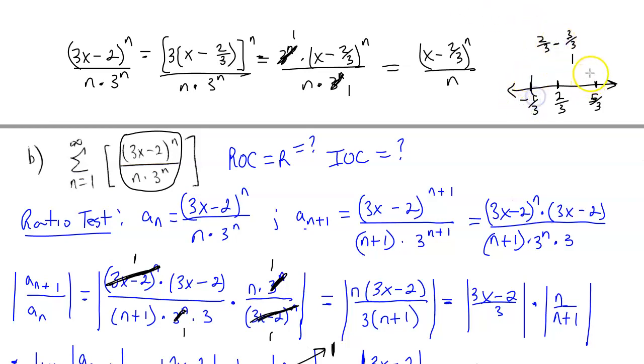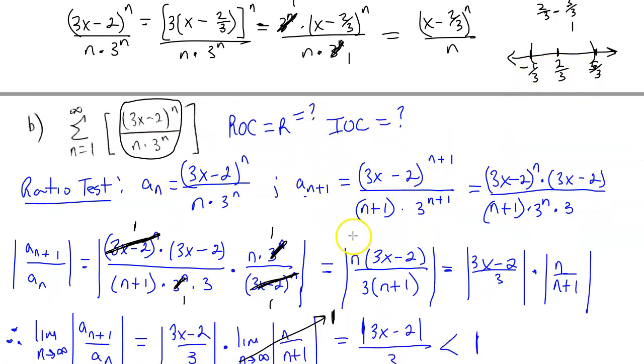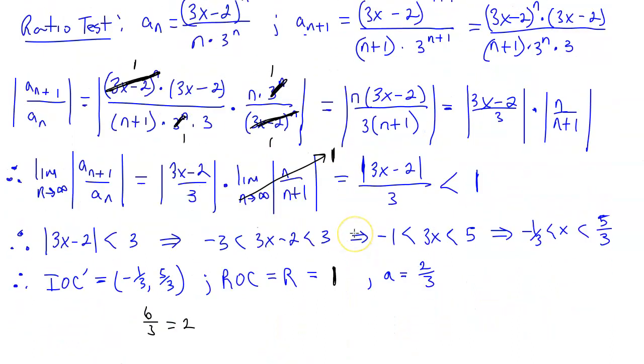And so that's how we end up with our radius of convergence being 1, but our interval of convergence actually being from negative 1/3 to 5/3. Okay. All right, and so that's how we come up with that.